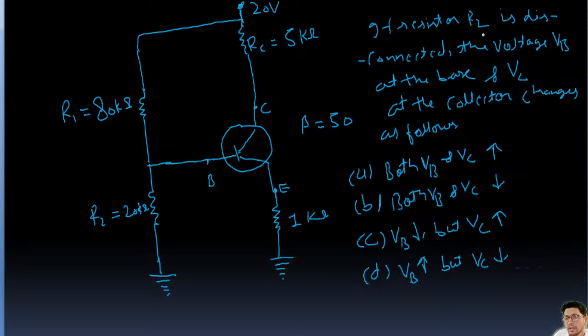If resistor R2, this one, is disconnected, the voltage VB at the base and VC, the collector voltage, change as follows. So which option is correct: both VB and VC increase, decrease, or one increases and one decreases? These are the options. I'll solve it now.